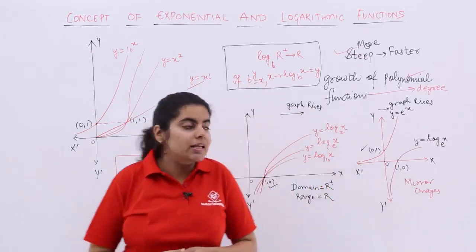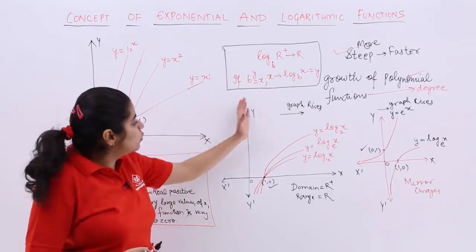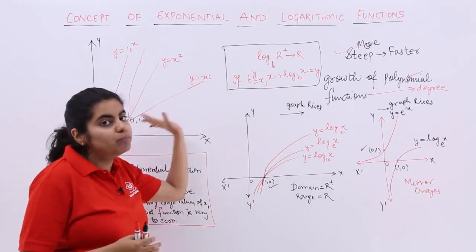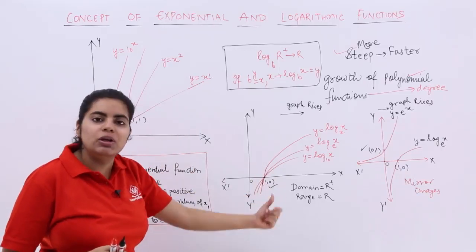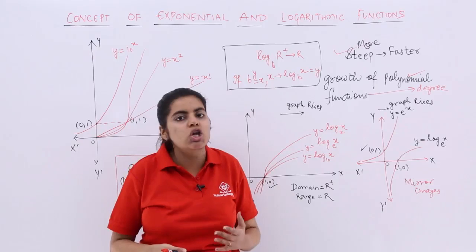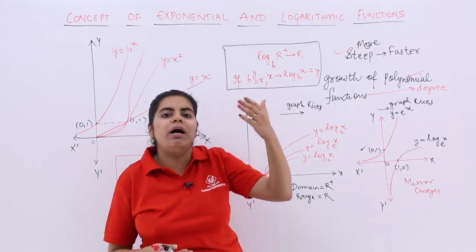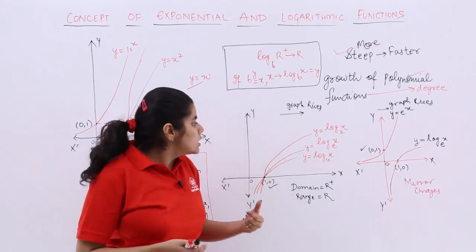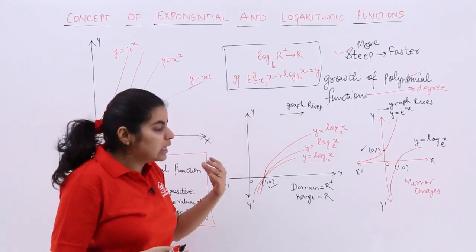Now, let's leave this box for now. Let's move to this section of my board, which is dedicated to the logarithmic functions. We know about log, we know the properties of log, log m raised to the power n, log m upon log n, and so on. So now you see that this is a graph.